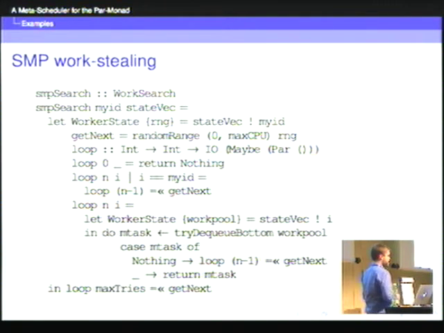So this is a faithful re-implementation of the scheduler that comes with the par monad that you can download on Hackage. It uses the information provided to it in the callbacks to index and find the work queue of a randomly selected peer in the system, and it just tries to steal from that work queue.